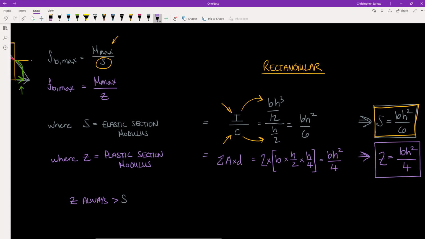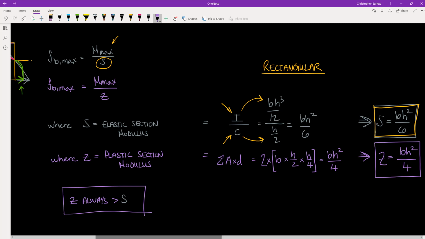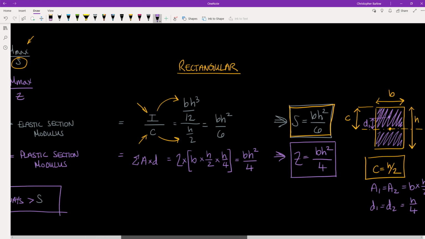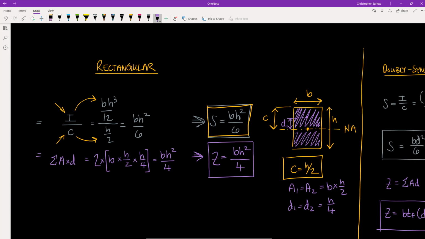And note that the plastic section modulus will always be greater than the elastic section modulus, and therefore our plastic stresses will always be lesser than our elastic stresses. And the way that we quantify this plastic section modulus is by taking this shape and dividing it into two equal areas.